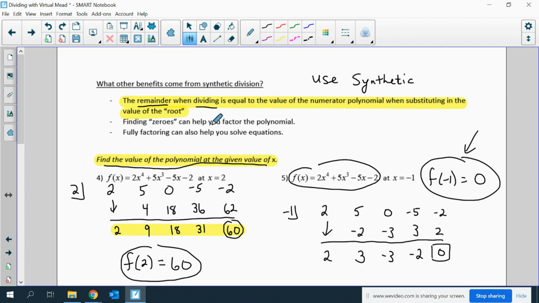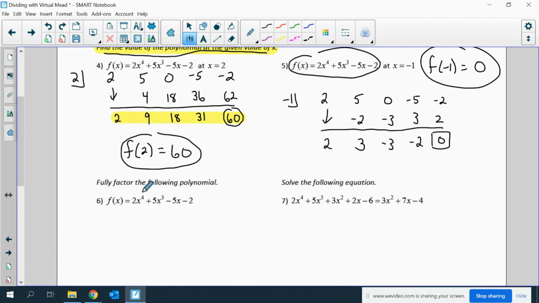I can also find finding these zeros can help me factor the polynomial. So what do I notice? If I want to factor this polynomial, which I've already worked with most of this worksheet, what did I see? I saw that x equals -1 is a factor because if I plug in -1, I get 0.